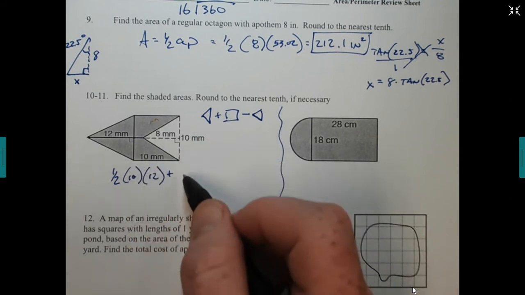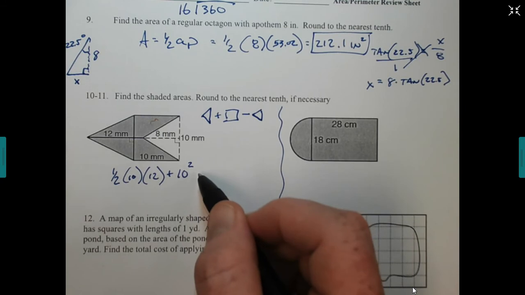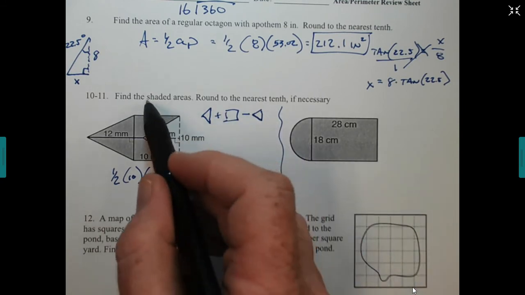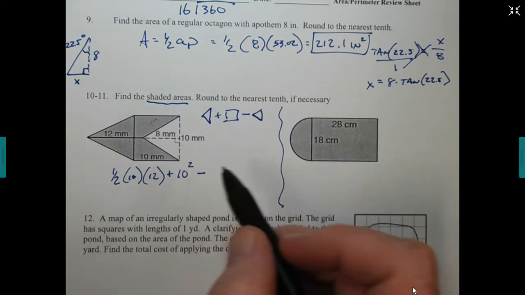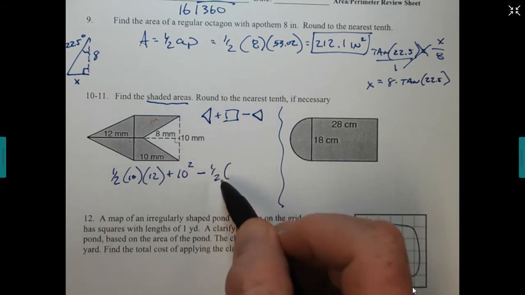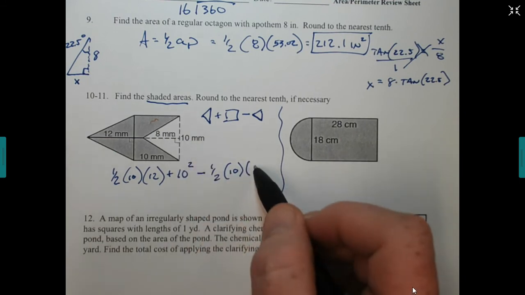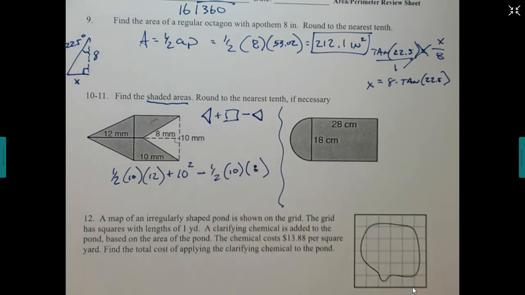So 10 by 10, so that's 10 squared. And I want to get rid of this triangle because I only want the shaded area. Well, that would be 1/2 times base, which is still 10, and the height, which is 8.